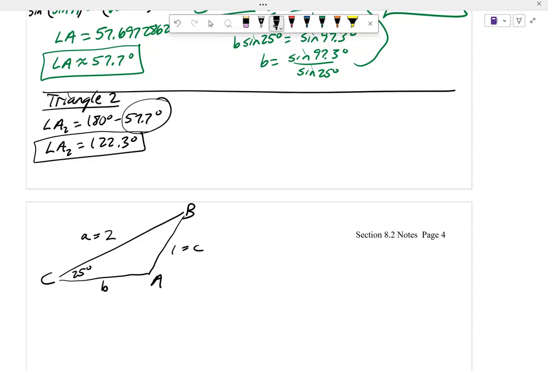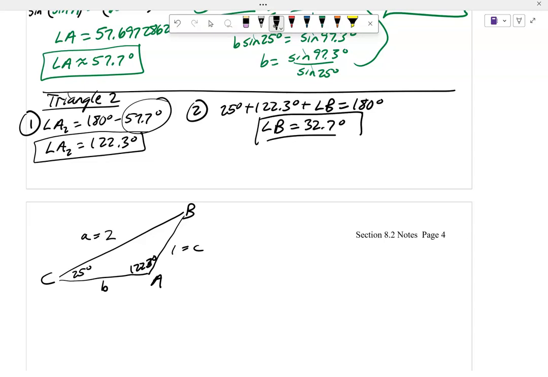We know it's got to be 180 minus that, 122.3. That was step 1. Step 2 then is to say, well, if I know that's 122.3, then 25 degrees plus 122.3 degrees plus angle B all add up to 180 degrees. And angle B would then end up being 32.7 degrees.